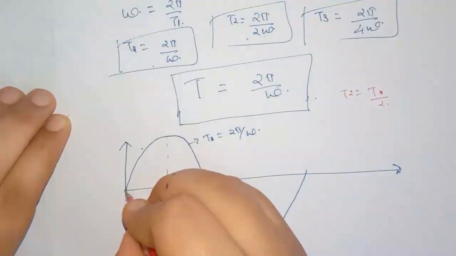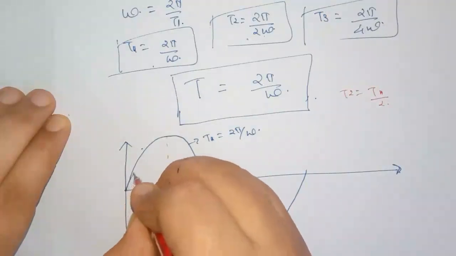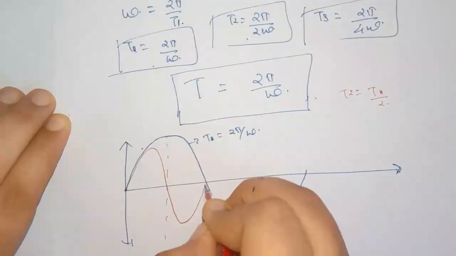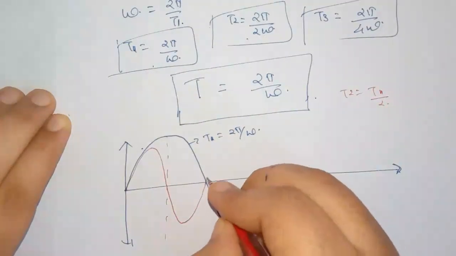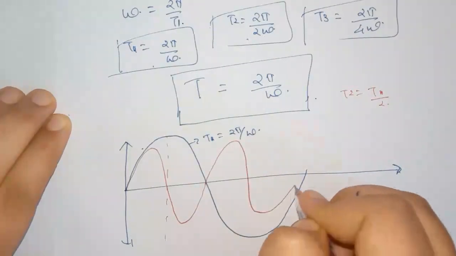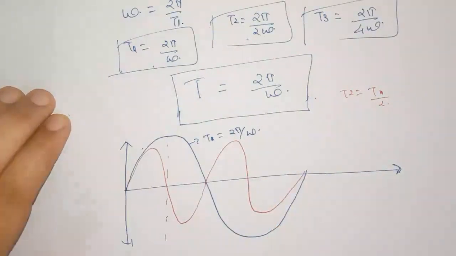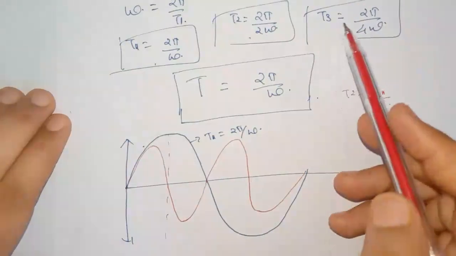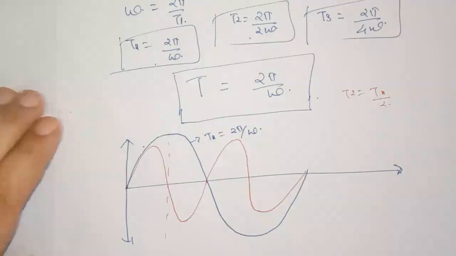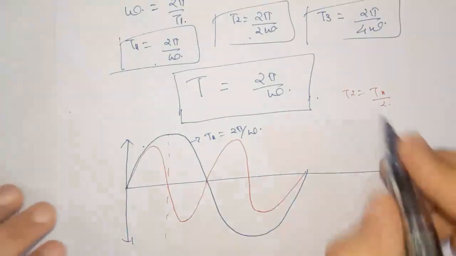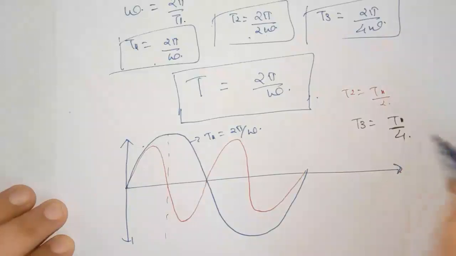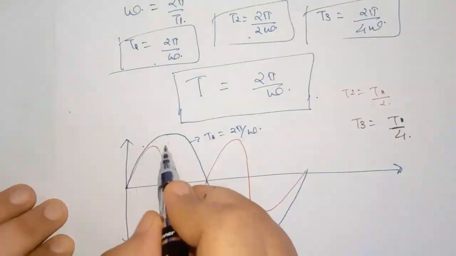So its waveform will be like this. The third function has time period t3 equal to t1 by 4. So it will be half of this.